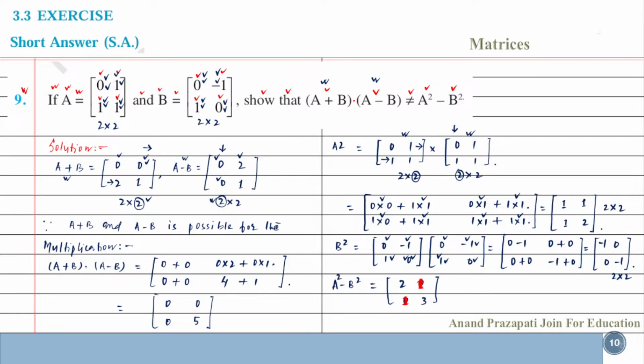From working it is clear that A plus B into A minus B not equal to A square minus B square, proved.